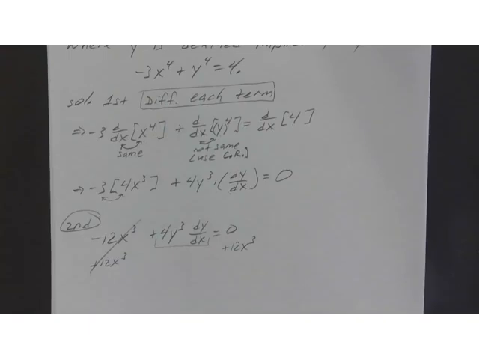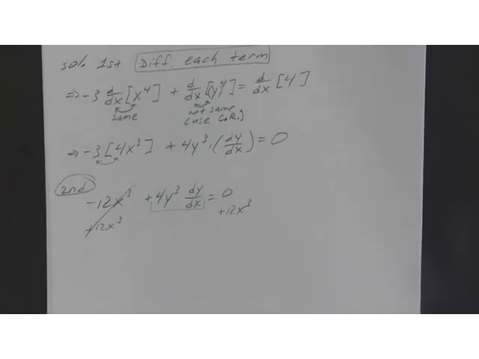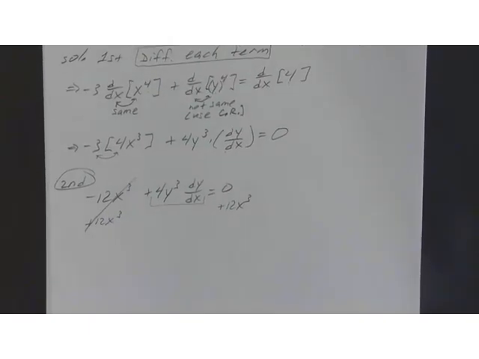These two cancel out, which leaves us with 4y to the third power times dy/dx is equal to 12x to the third power.